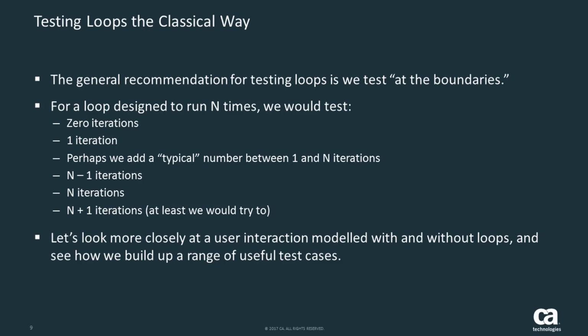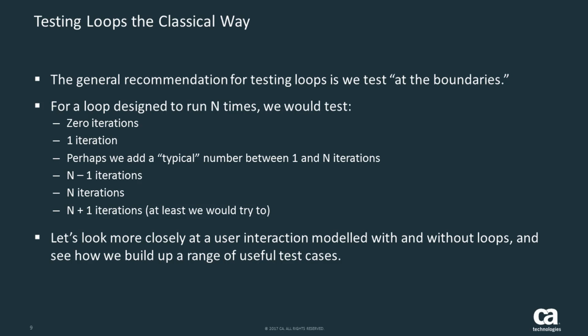So if n is 10, we might put in a test case with 5 iterations. Typically, we'd look at the maximum number of iterations, subtract 1 and say that's the last but 1 case. And then we'd look at n, the maximum number of iterations, of course. And then we might try, if it's possible, to impose n plus 1 iterations on the loop. So this is the classical way of testing loops.